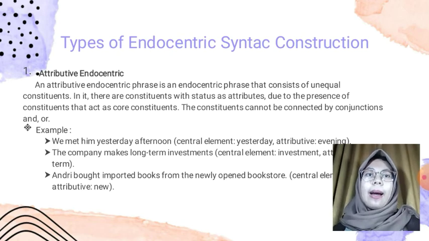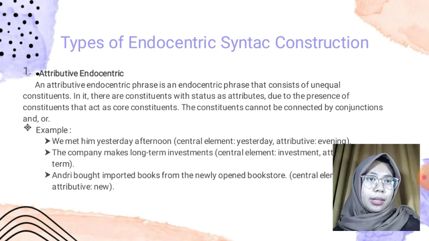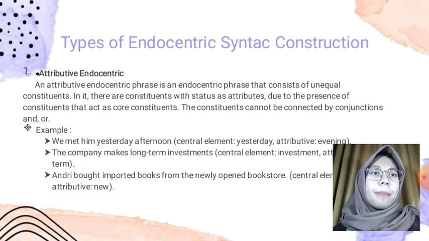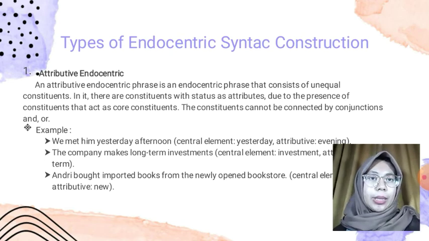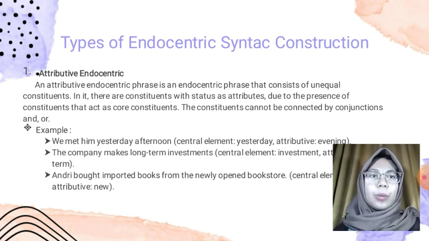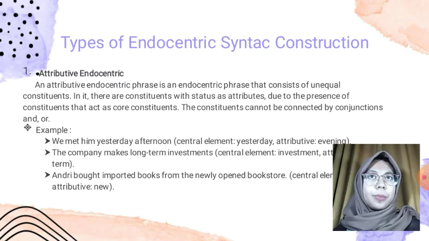In it, there are constituents with status as attributes. Due to the presence of constituents that act as pure attributes, the constituents cannot be connected by the conjunction and or.